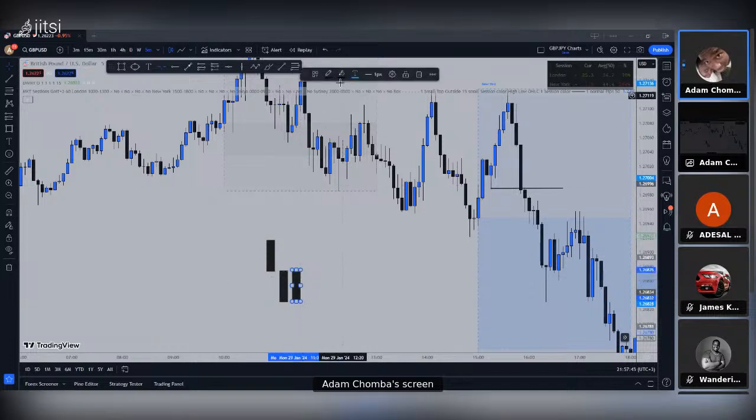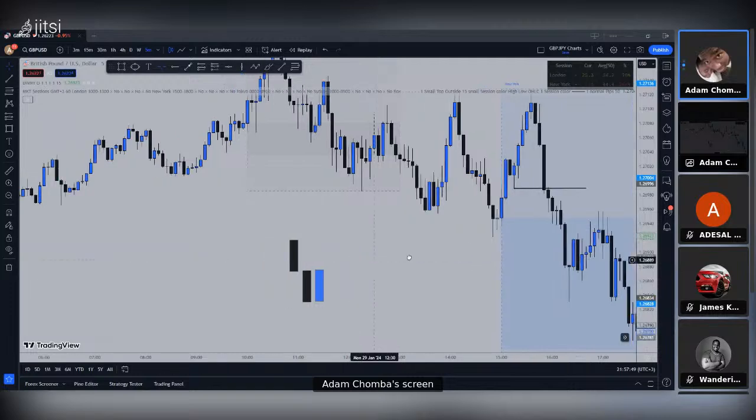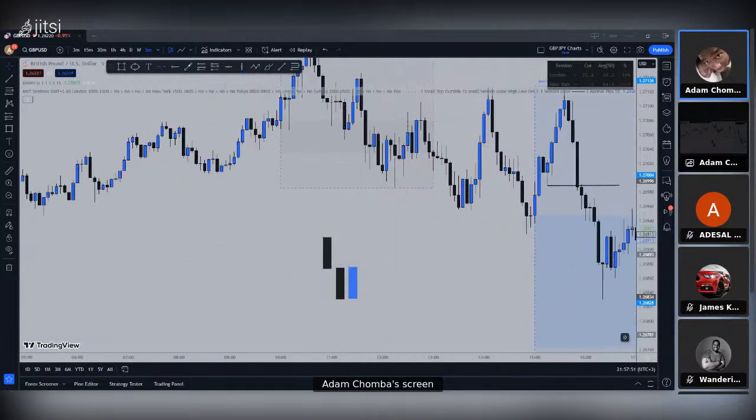And now this will be a bullish candle. I hope my color of candles are not confusing you. Black is bearish, blue is bullish. Okay, and I'll put that. That's my wick for that candle. That's my wick for that candle. All my wicks are always black.